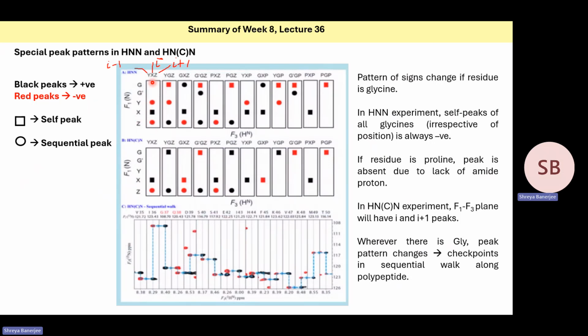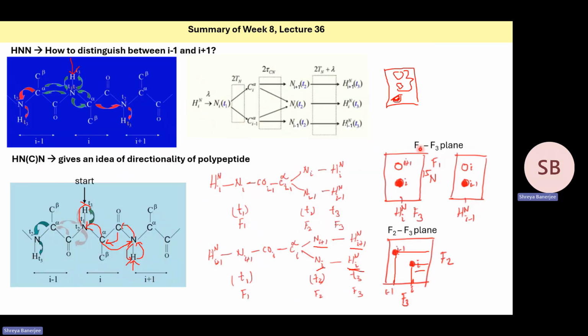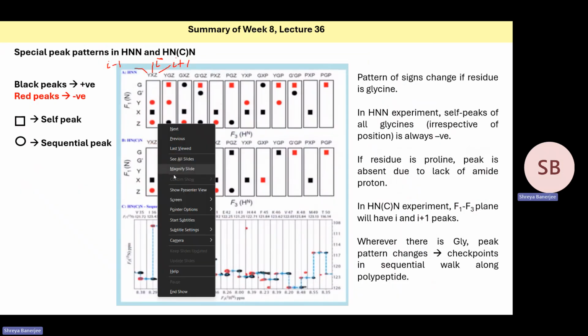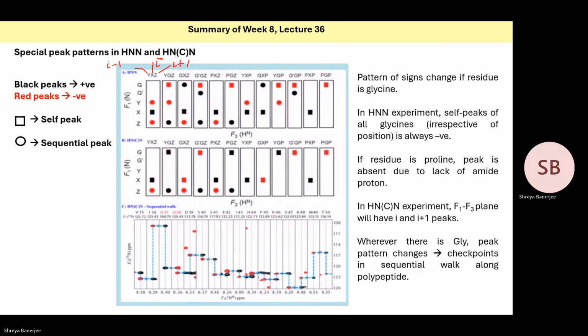This is the general pattern that is observed when in the tripeptide none of the amino acids are Pro or glycine. Now when glycine is introduced, in case of HNCN, what will happen? You will only see the I and I plus 1. We saw before HNCN will give you I plus 1. So X, Y, X, Z can be compared; these are comparative spectra.